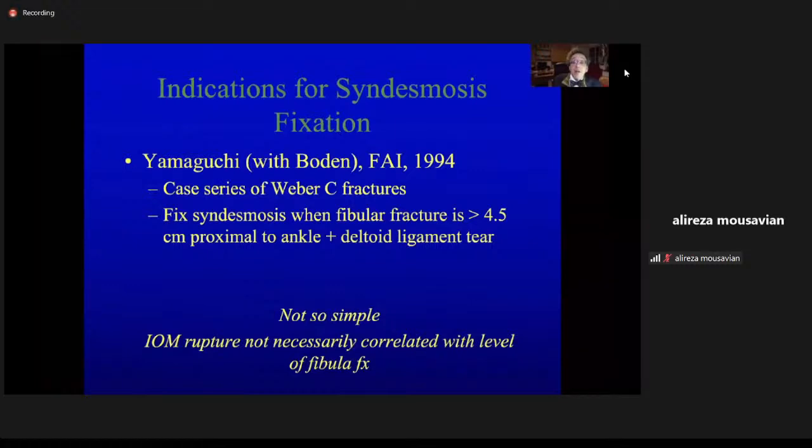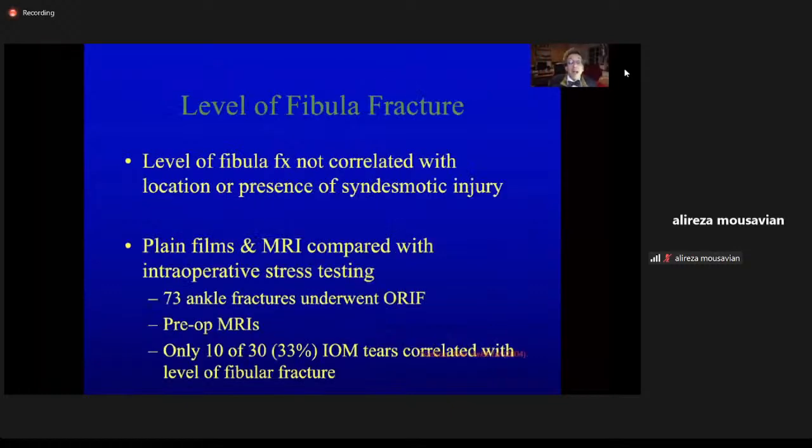So Yamaguchi did a study in Foot and Ankle, 1994, a case series of Weber B fractures, and found again what Bowden found, which was that we need to fix the syndesmosis routinely if the fibula is fractured above 4.5 centimeters above the joint.